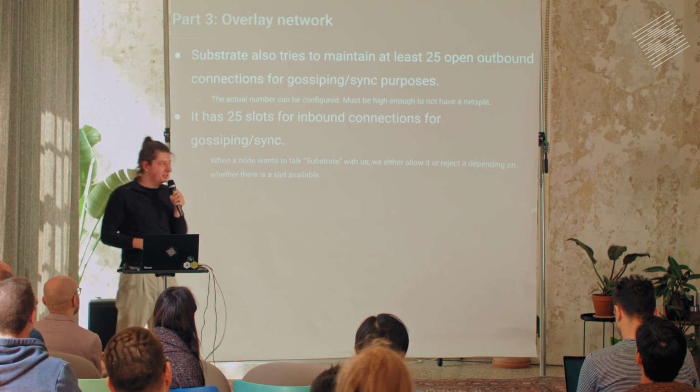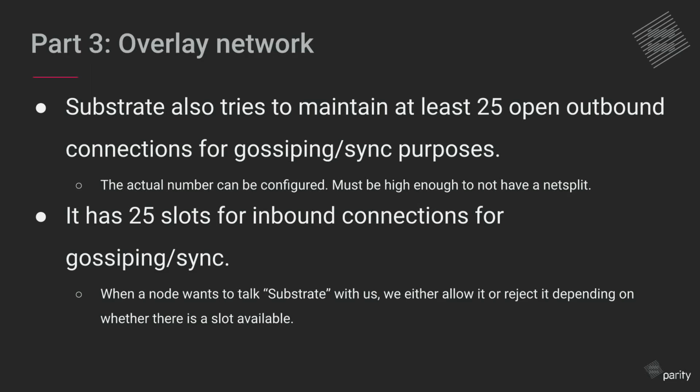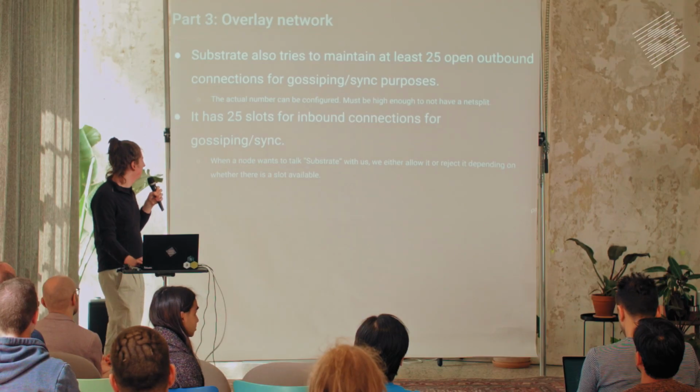As for the actual blockchain stuff, we try to maintain 25 open connections that we opened and 25 connections that have been opened by other people. Again, that's exactly how Ethereum 1 works, at least the Parity Ethereum client. I actually don't know how Geth does, but the Parity Ethereum client does exactly the same. So we're trying to maintain between 25 and 50 connections at any given point in time.